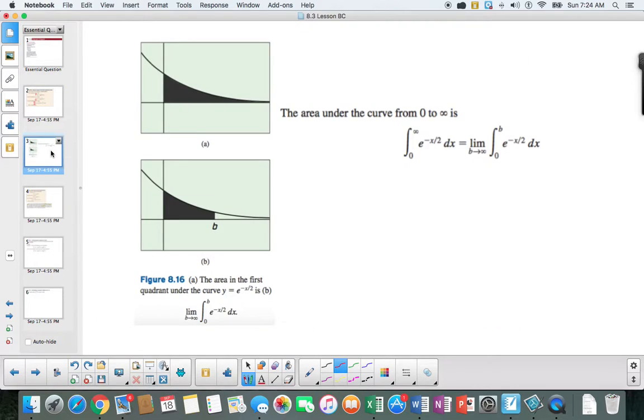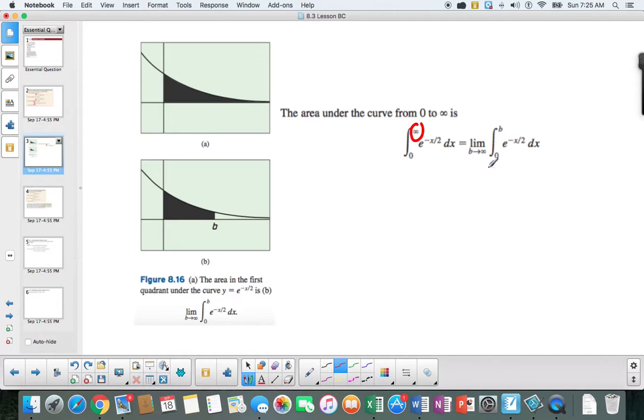Let's first take a look at an improper integral like this one. What we're saying is we want to find the area under the curve as x goes to infinity. So this is an infinite amount of area. And we want to see if this answer gets closer and closer to a particular number, or if it just becomes so large without bound.